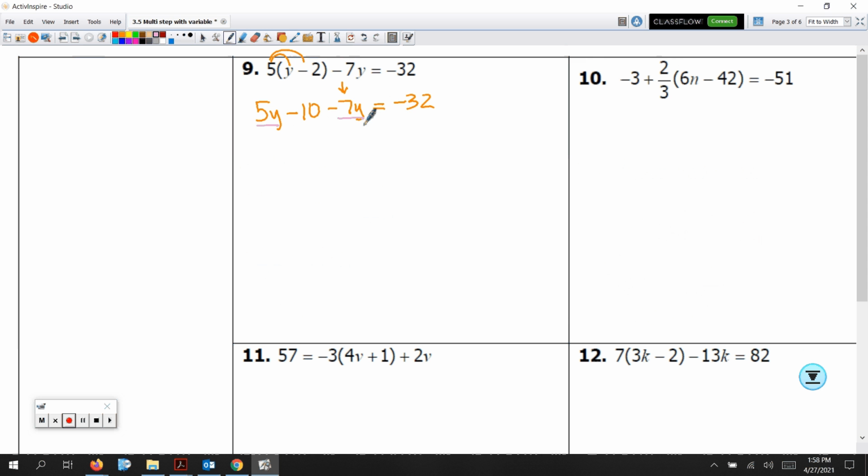When I bring them together, I get -2y minus 10 equals -32. Now I'm going to add 10. -2y is equal to -22. Now we're going to divide by -2. y is equal to 11.